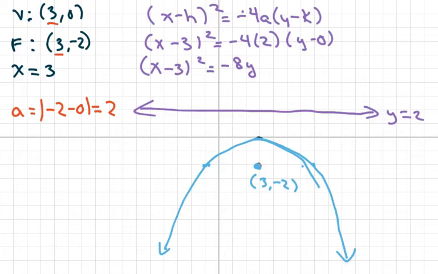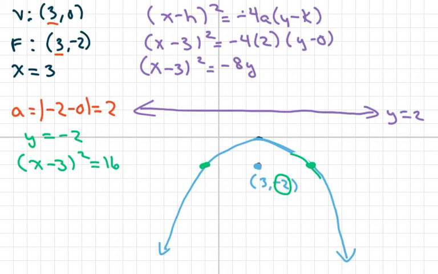So algebraically, what you would do is plug in your y to get these 2 points here, like a table of values. So when I plug in negative 2, let y equals negative 2, I get x minus 3 squared equals 16.